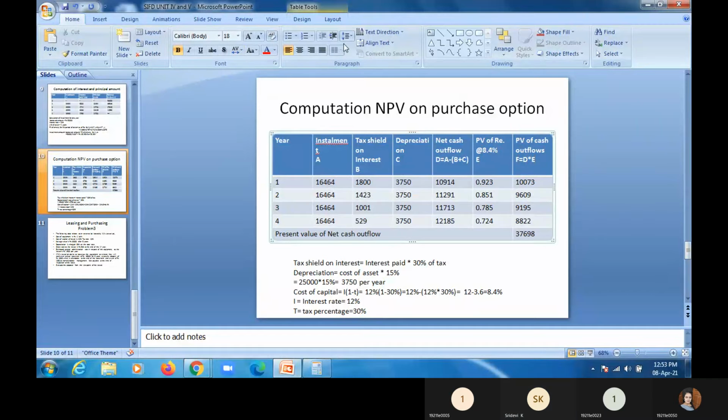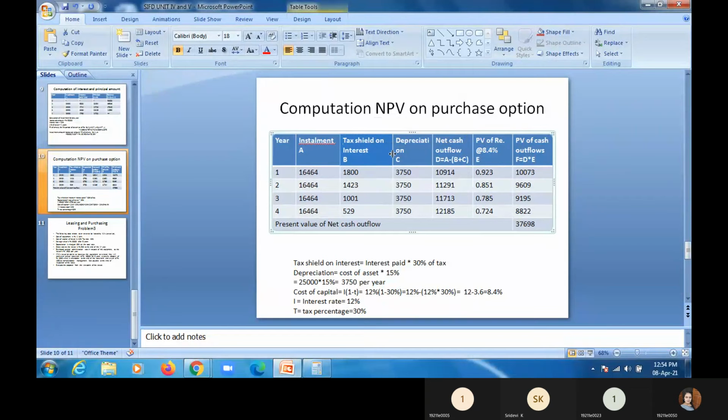Now I think you are very clear how you have calculated this. So this is how you got the values.